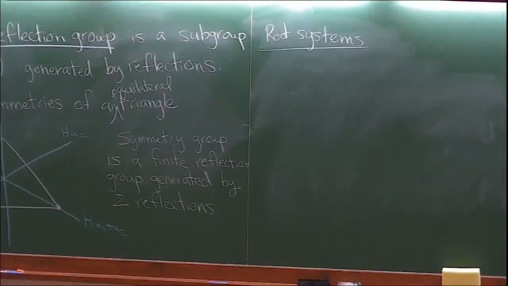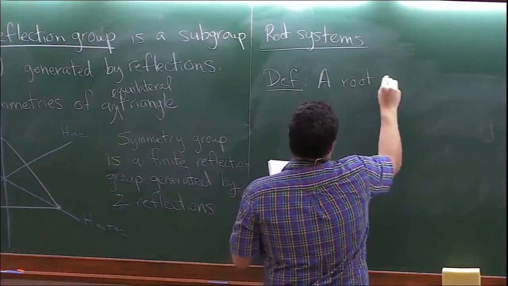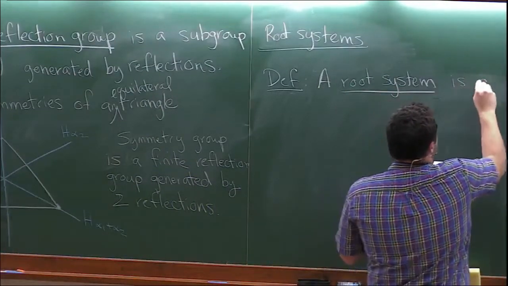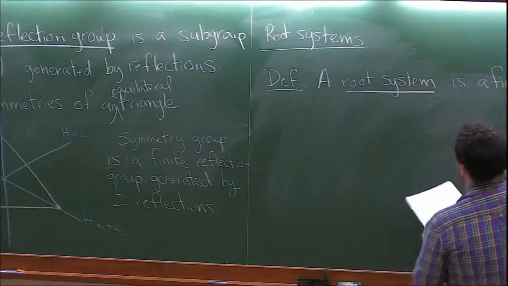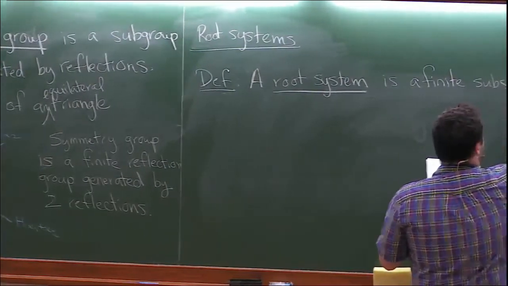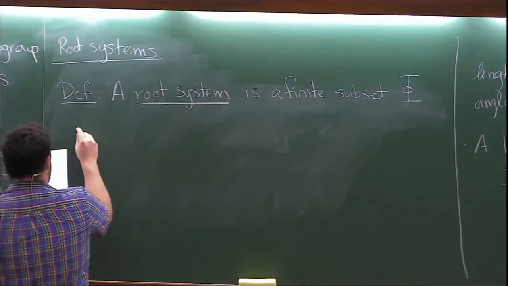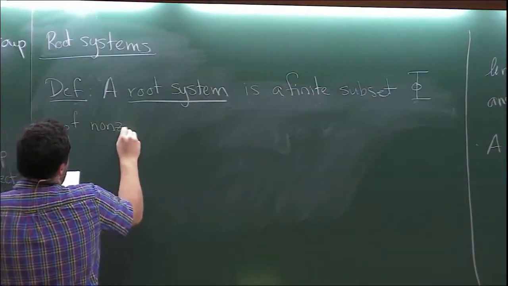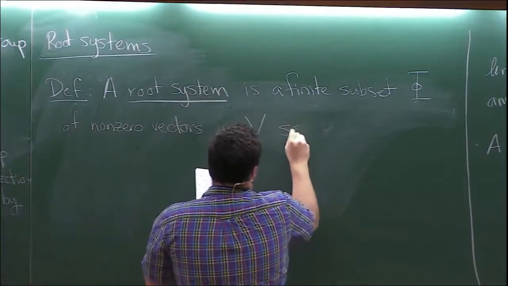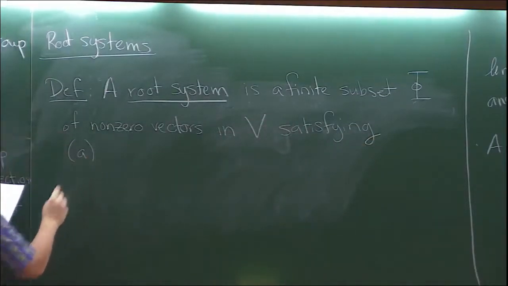A root system is a finite subset, which I'll write with this capital phi, a finite subset phi of non-zero vectors in my vector space V, satisfying the following two properties.